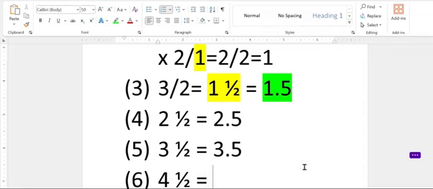Now, I want you to drop your answer in the comment section. Can you type your answer in the comment section? What would be the decimal expansion of 4 and a half?